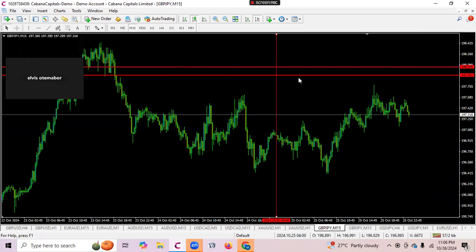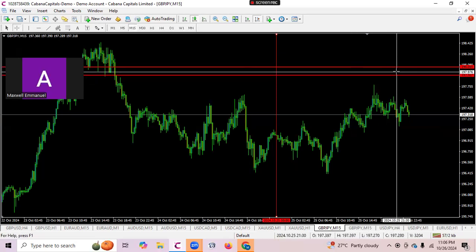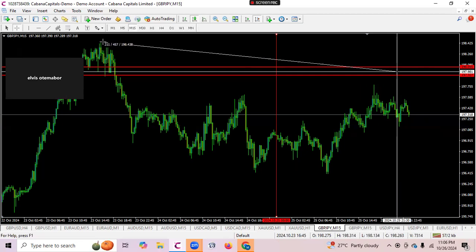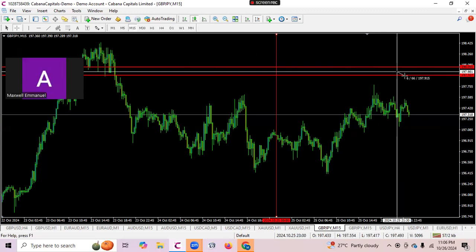But if price pulls back to this area and I decide to sell from this point, my stop loss will not exceed 60 or 65 pips. Can you see that? 60 or 65 pips. And if I'm selling from this area, my first TP will be this relative equal low.